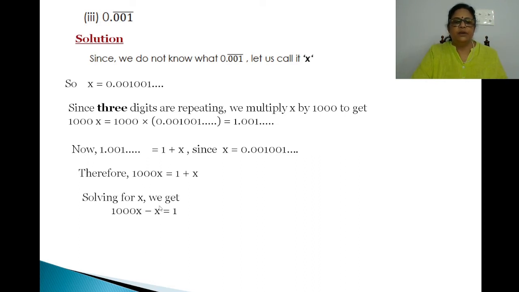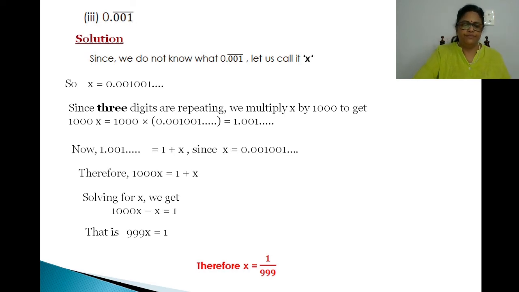We get 1000x minus x is equal to 1. What is 1000x minus x? 999x is equal to 1. So what will be x? 1 divided by 999. So 1 divided by 999 is the P by Q form of 0.001 bar.